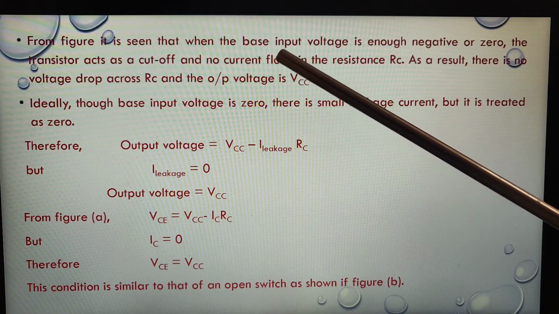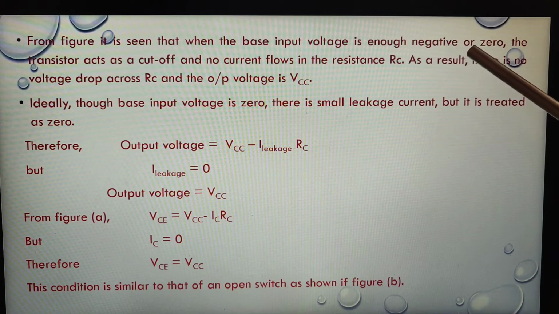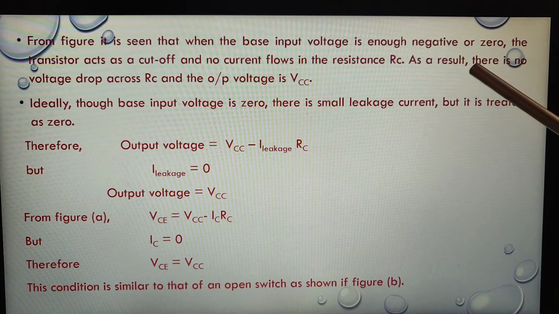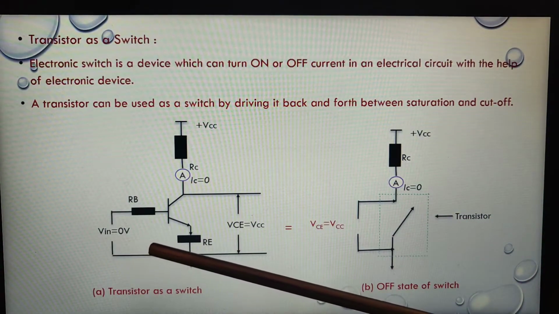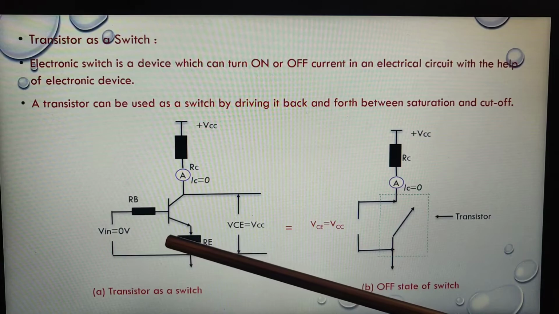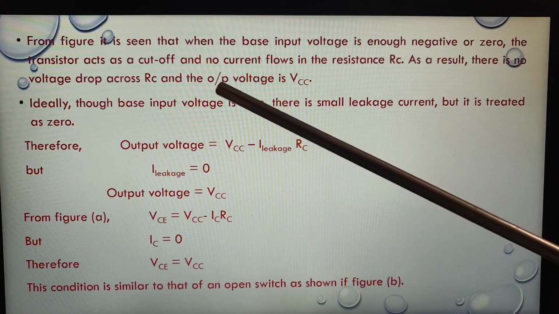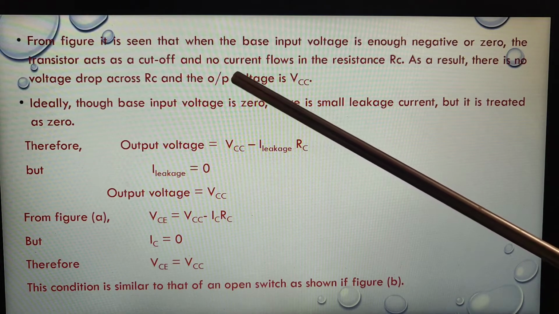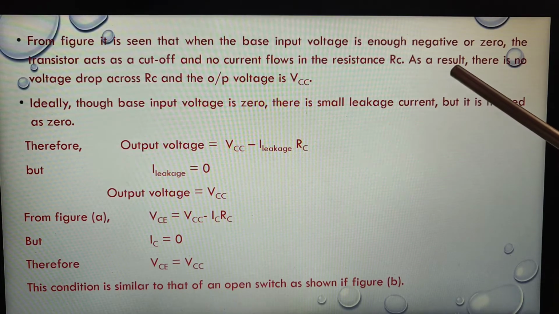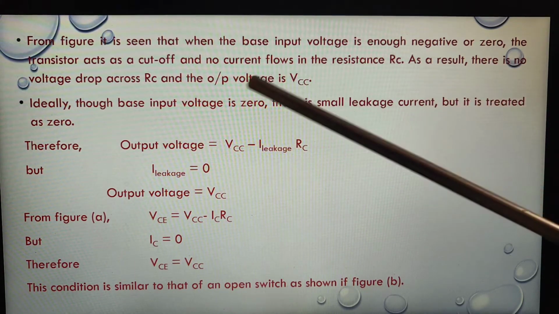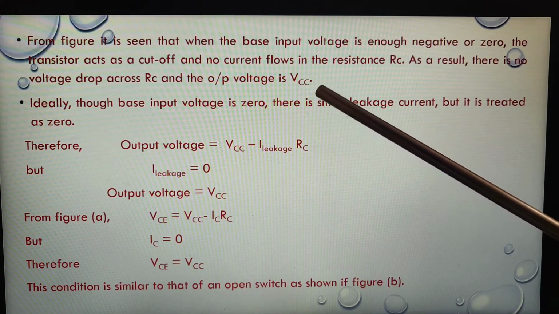From the figure it is seen that when the base input voltage is enough negative or 0, that means here V in equal to 0, the transistor acts as a cutoff and no current flows in the resistance RC. As a result, there is no voltage drop across RC and the output voltage is equal to VCC.